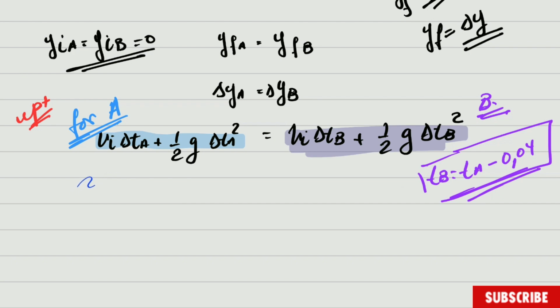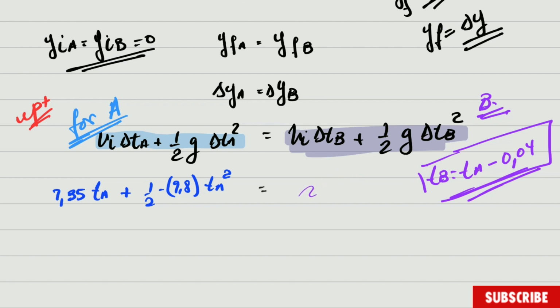So here we have that the initial velocity is 7.35. This one was calculated in a previous question. TA, I'm just going to write TA, plus half times minus 9.8 multiplied by TA squared. All right.